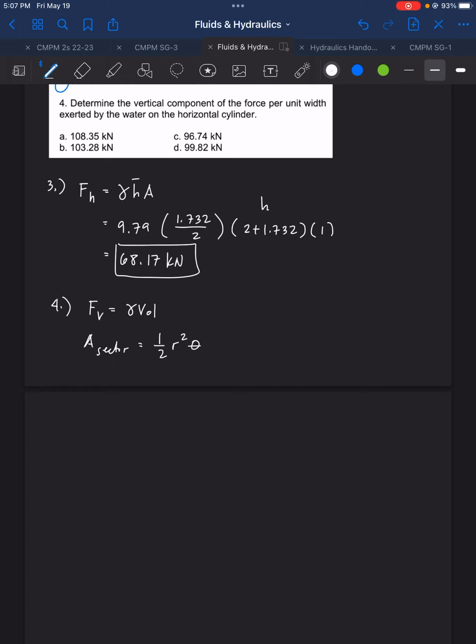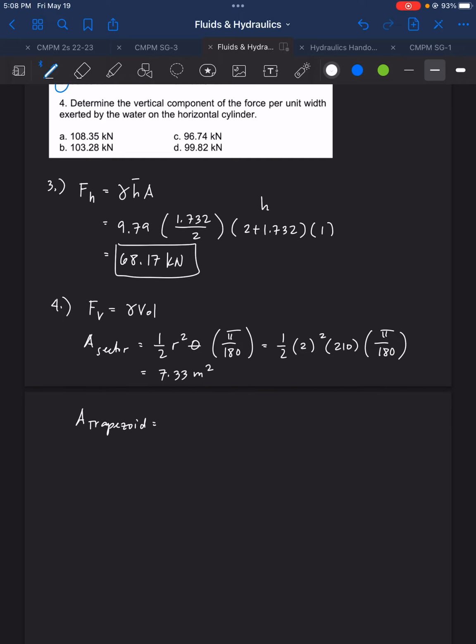And then we need to convert to radian, so pi over 180. That is equal to 1/2, the radius is 2 meters squared, the angle is 210 degrees, and then we have pi over 180. So area of the sector now is 7.33 meters squared.